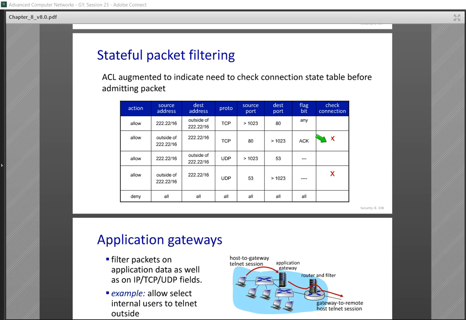It means that we should follow the state of the connection. But we only apply it for some connections, not all of those connections. And finally, in the last row, again, we can see denying all of the rest of the packets.